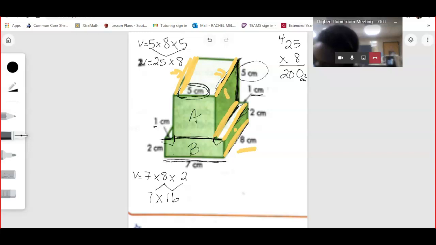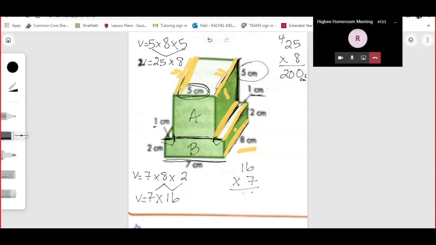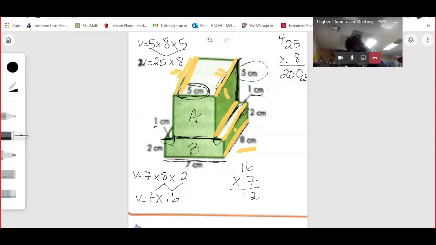I do not know 16 times 7, so I'm going to have to do that one out. 7 times 6 is 42, very good. And 7 times 1 is 7, plus 4 is 11.